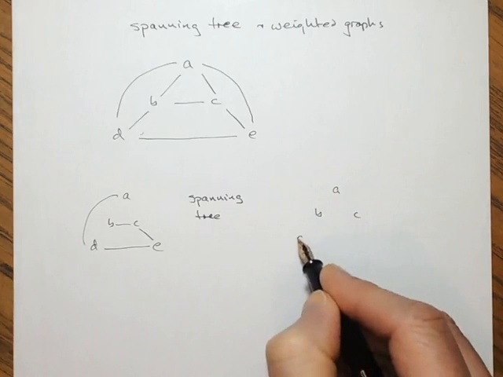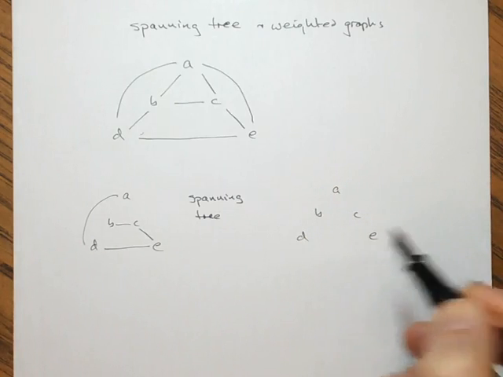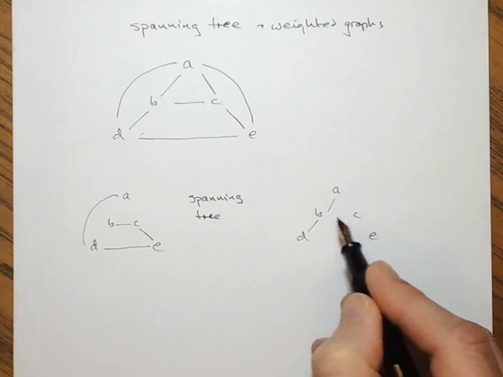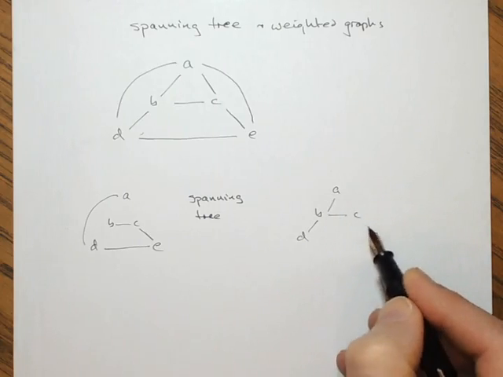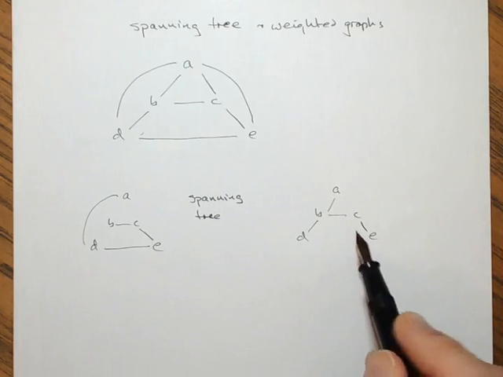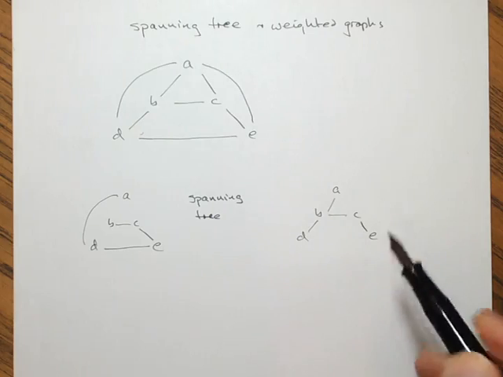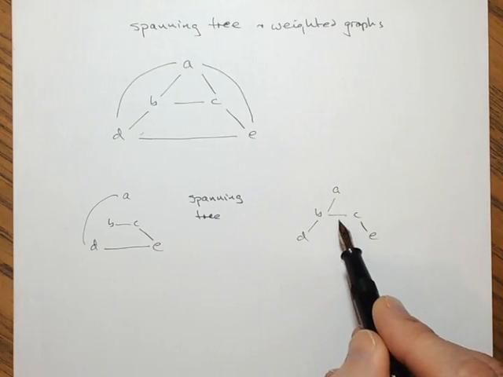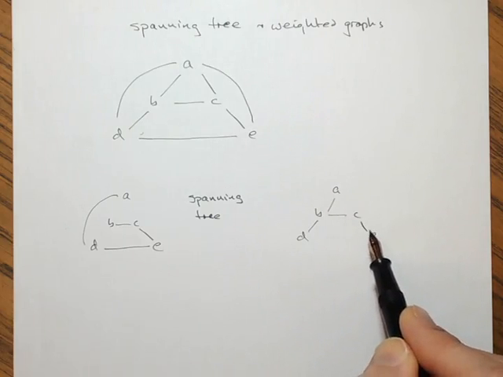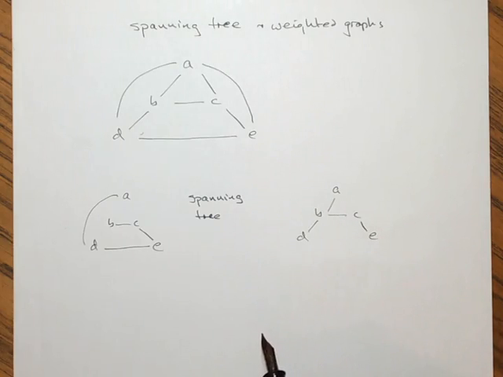Here's another one. So again, no redundancy. Every link is vital. Breaking any link will mean that there'll be some vertices that are not able to communicate with other vertices.